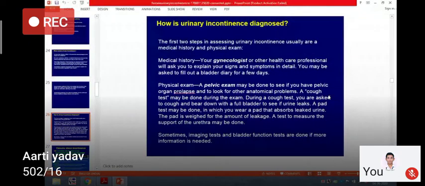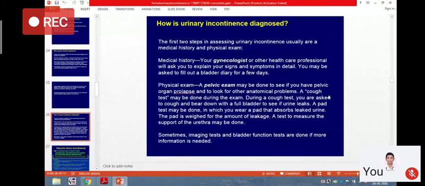So how do we diagnose that the patient is having urinary incontinence? First is the history. History is very important.